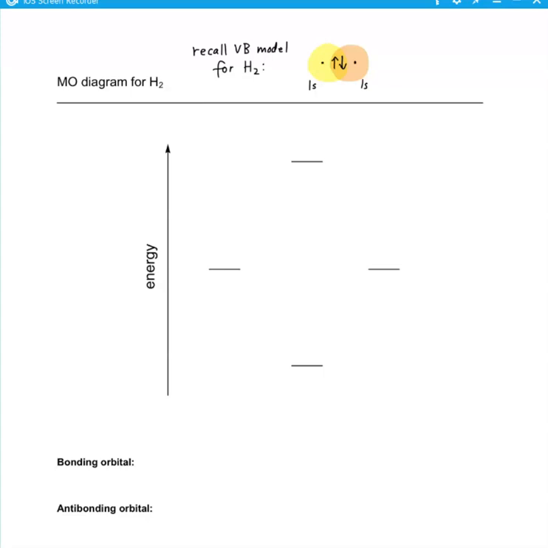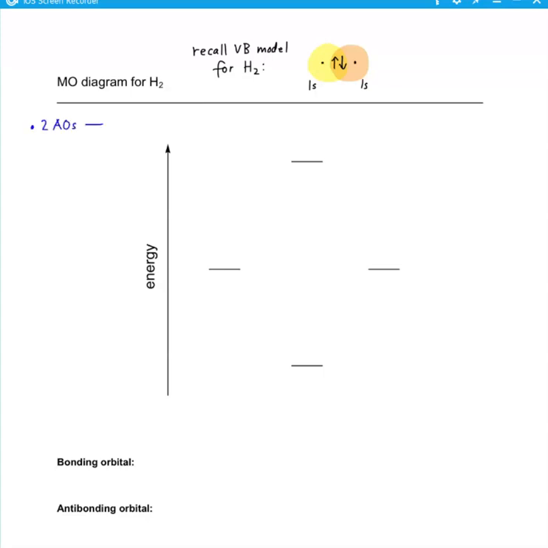So a molecular orbital diagram shows the atomic orbitals that you're combining in and out of phase, and it shows the resulting molecular orbitals. So we're going to construct the diagram using the template that I've provided on the page. First of all, let's think about what we're doing here.